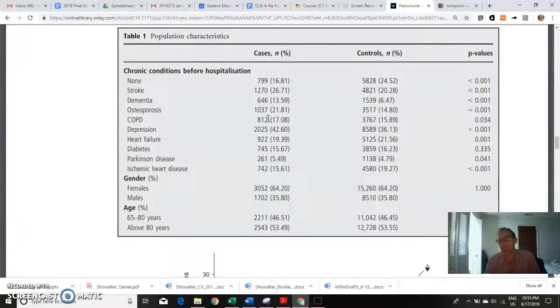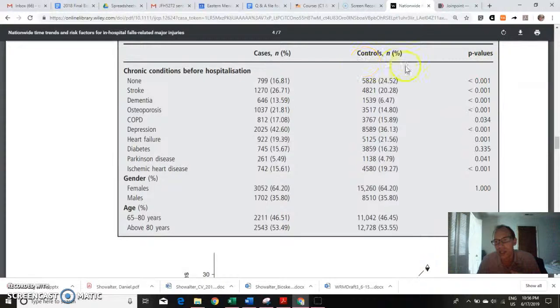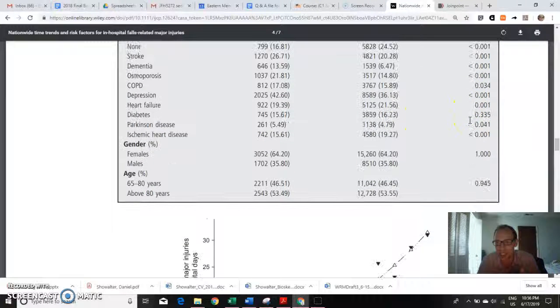Now, ideally, what we'd like to see is high p-values here, which sounds strange because typically a researcher would want to see low p-values to show that there's something significant, some difference going on. In this case, the researchers want the controls to be as close to the cases as possible. So ideally, we'd like to see no significant difference.